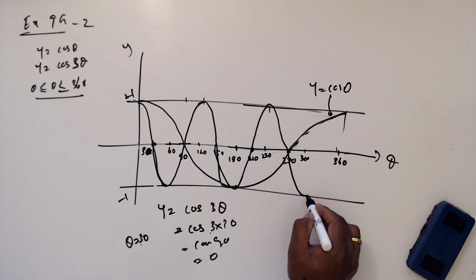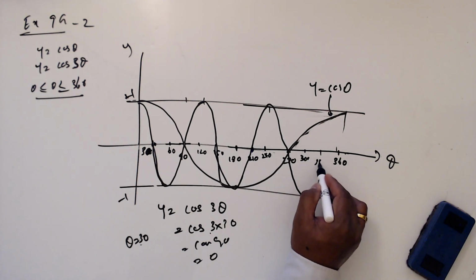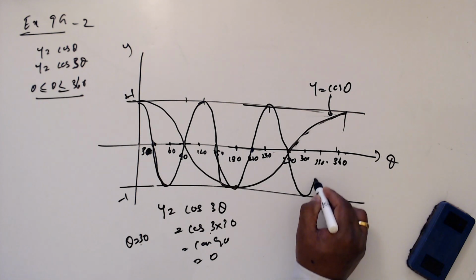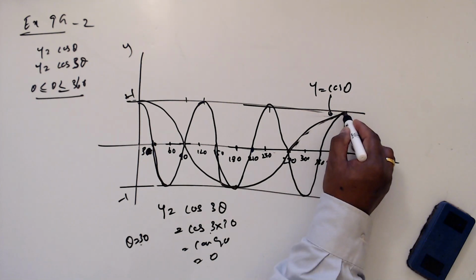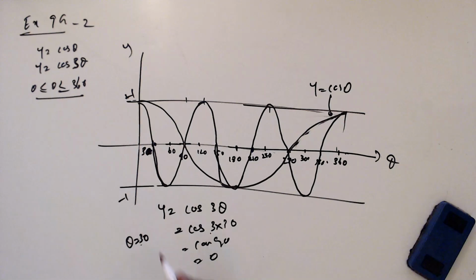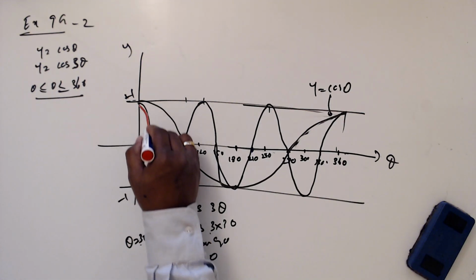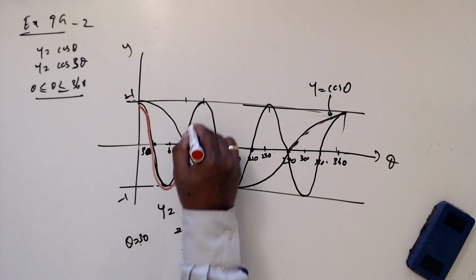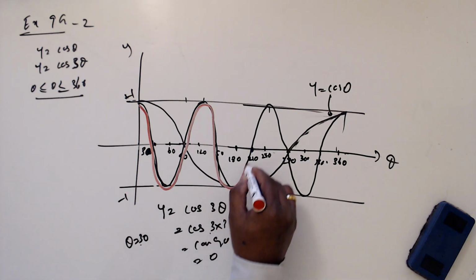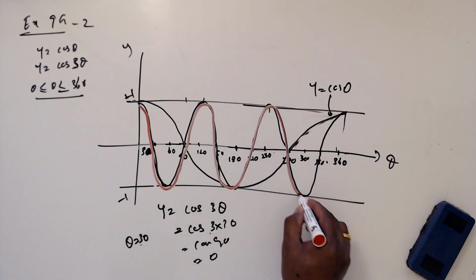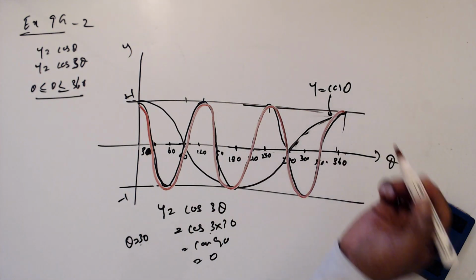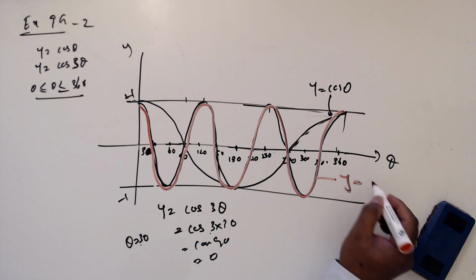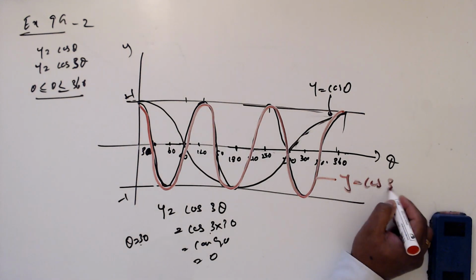So it is touching at 300, then 330. So it's going through 330 and hits it like this. So this is the graph. This is y equals cos 3 theta.